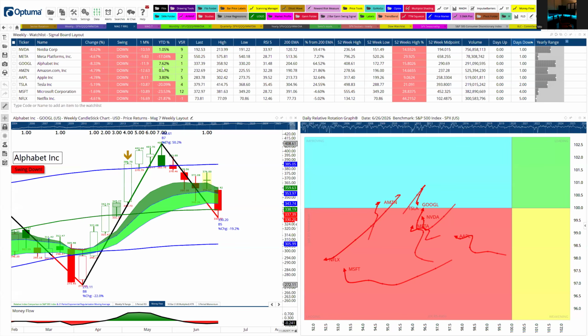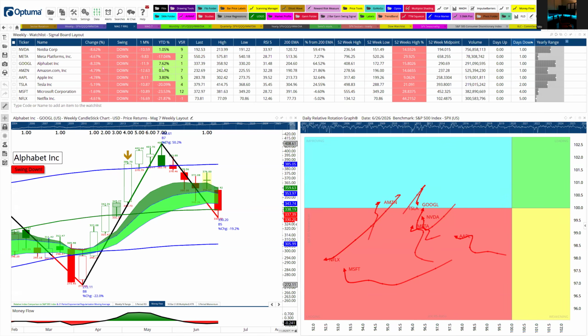These are the things we want to look at, because rotation is telling us everything. What is happening, where the money is actually flowing in the market. That's why this market is so damn concentrated, and it's not easy to find winners, because the list is very narrow.